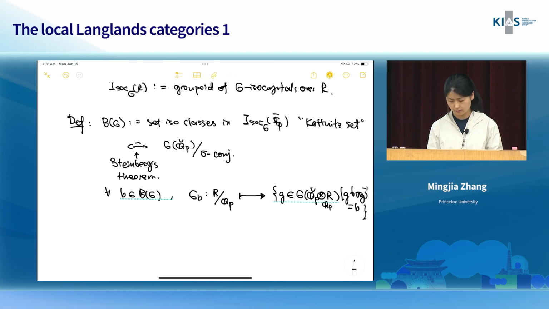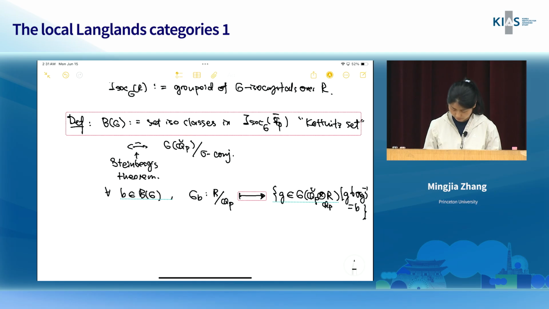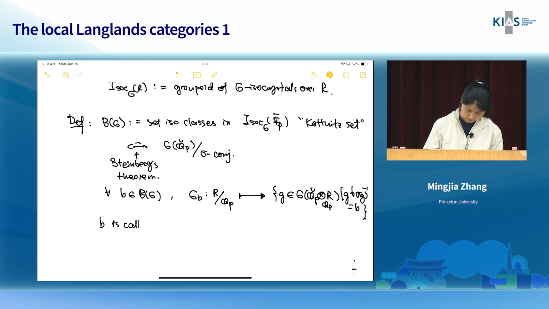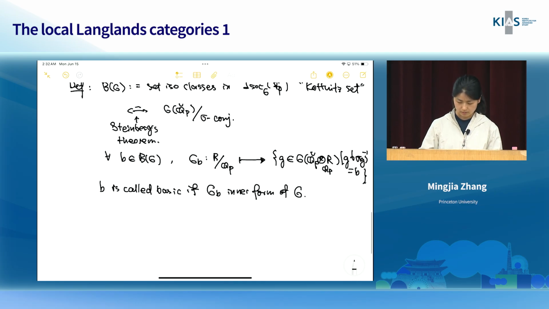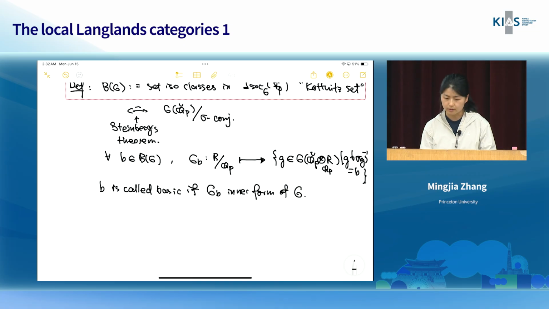In other words, this is the sigma centralizer of the element b. And b is called basic if this group is actually an inner form of G. And these are the extended pure inner forms.